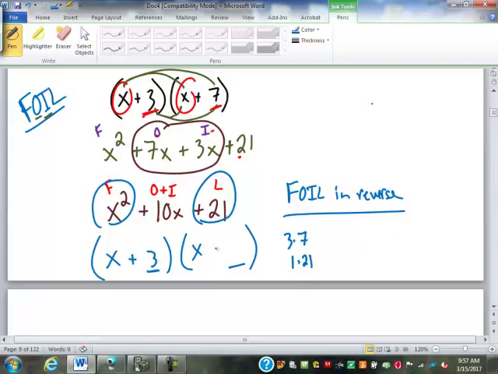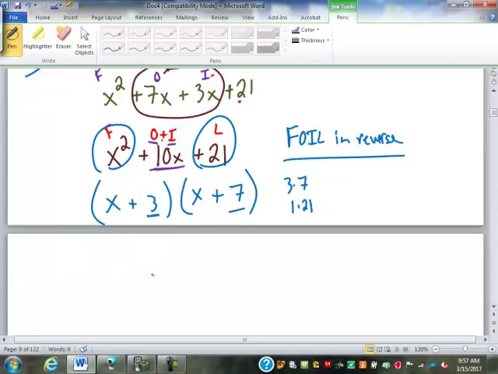Let's try 3 times 7. How do I know if that's the right one? Well, I have to check to see if the inside here works. And the way I check, well, it's the outside and the inside that make that up. In fact, it's the outside plus the inside. So I do the same down here. I check the outside.